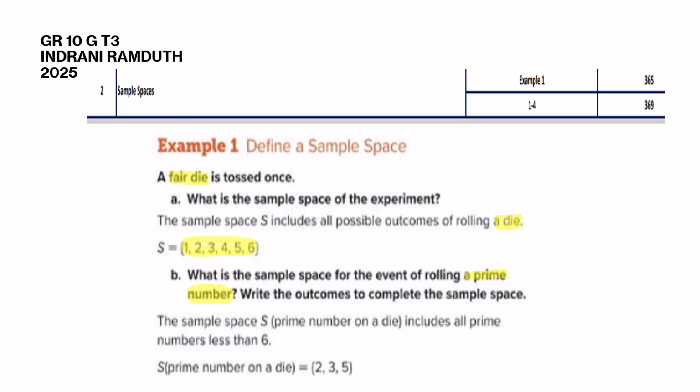If you look at the numbers 1, 2, 3, 4, 5, and 6, we do not recognize 1 because 1 is a special number. So the prime numbers would be 2, 3, and 5. Your sample space is 1, 2, 3, 4, 5, and 6.